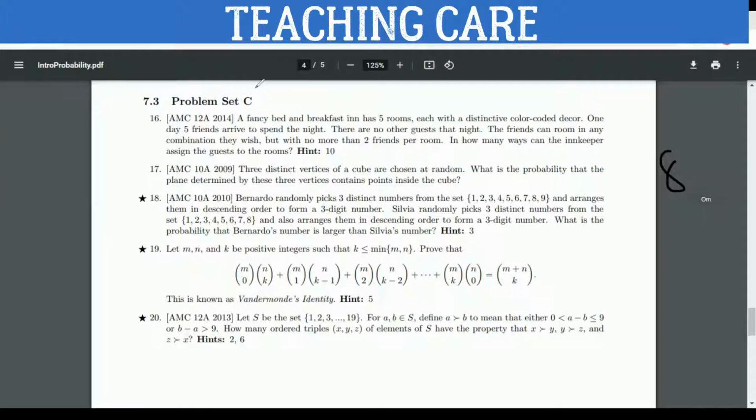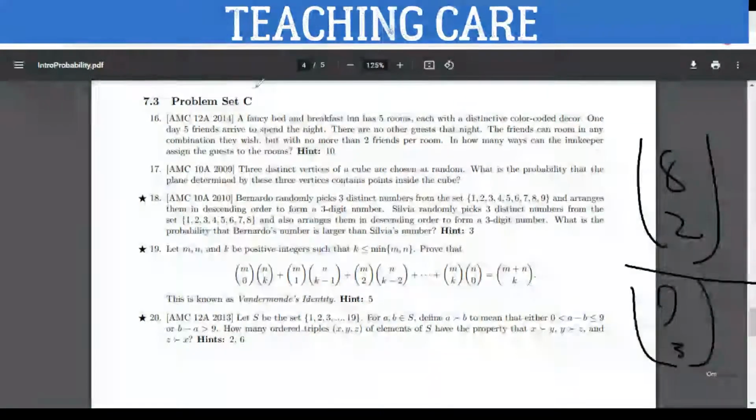Because here they have said two chances are there for him, from the 8. Otherwise, we can do it like this. Totally, there will be 9C3 ways, correct?